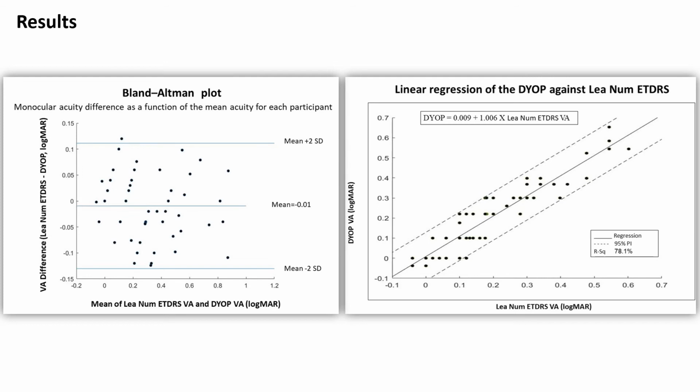Defining one line as equivalent to 0.1 logMAR, the width of the interval defined by the limits of agreement was 0.24 logMAR, equivalent to 1.2 lines. To our right, we can see the regression analysis of the acuities of a DYOP as compared to the Lea Numbers tests. The 0.88 correlation coefficient indicates that the acuities measured with the two charts have a strong linear association.